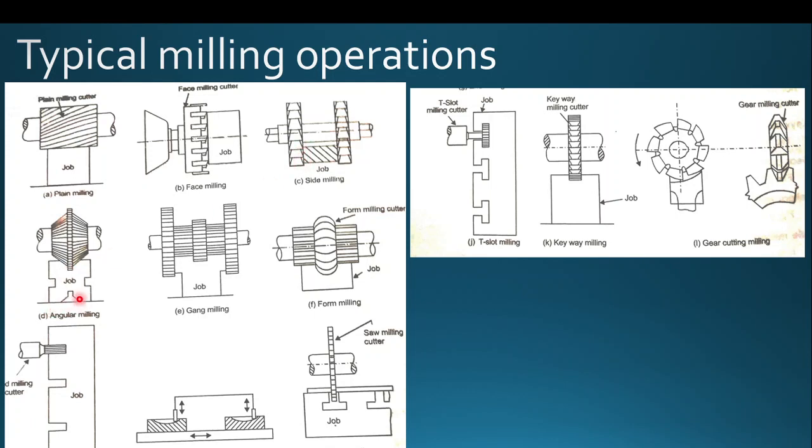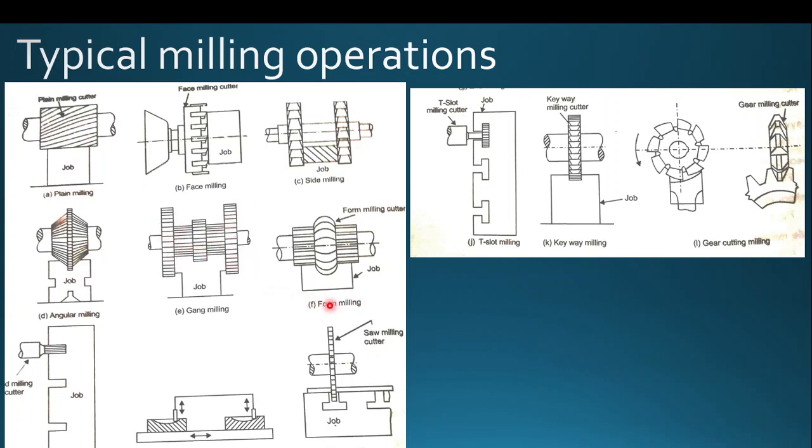And this is angular milling, so at that time we can produce an inclined surface in the regular workpiece. And a gang milling operation is where more than two parts of the workpieces are machined at a time by using milling cutters having more than one edge.